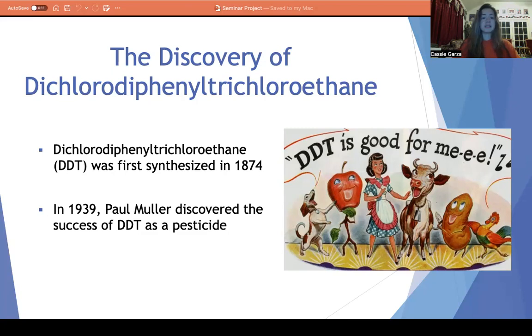And DDT is actually credited with a lot of major contributions. During World War II, it was used to control typhus and other mosquito-borne illnesses. It controlled crop pests, which provided a food surplus worldwide and allowed the population to grow. It's also credited with the near eradication of malaria in several different countries.